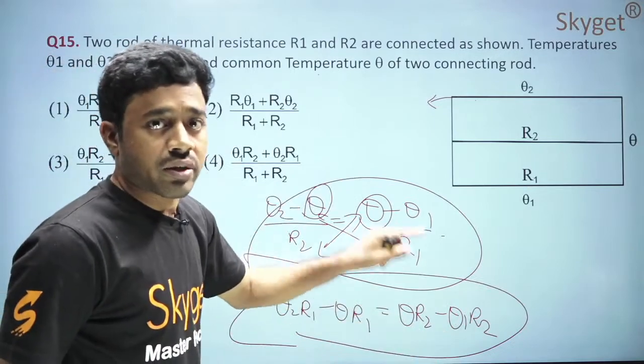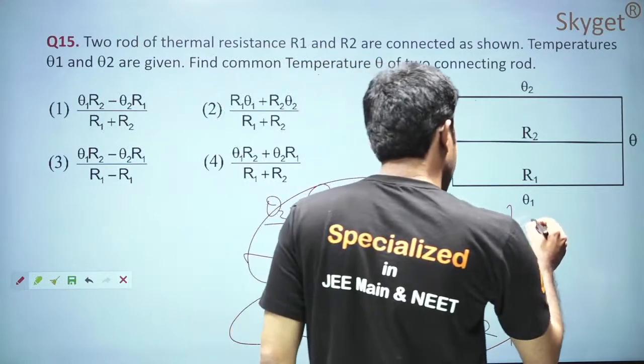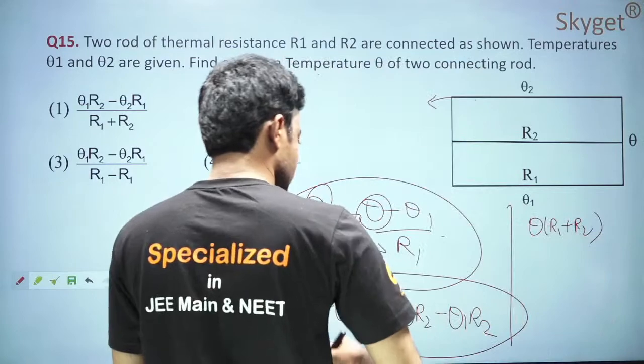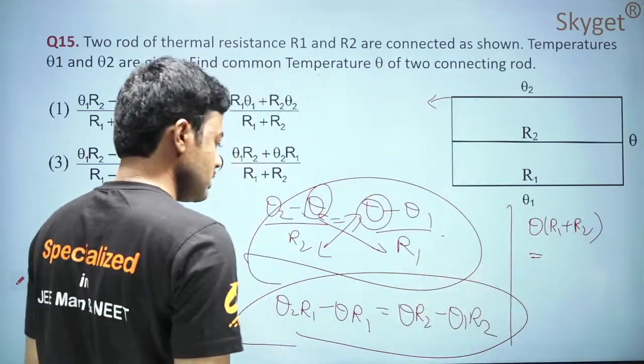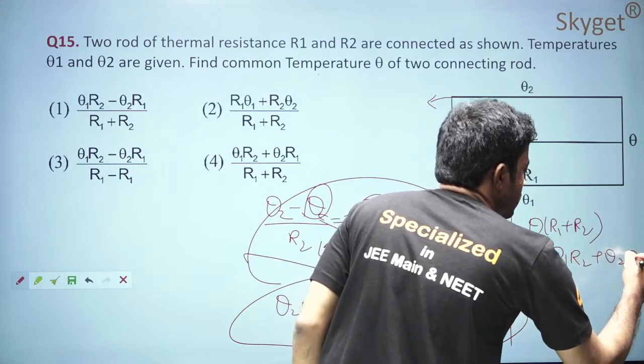Bring all the terms with theta onto the same side, then it becomes theta into R1 plus R2 is equal to theta1 R2 plus theta2 R1.